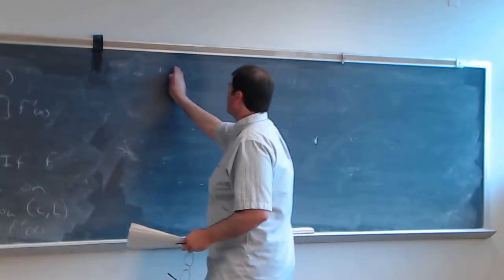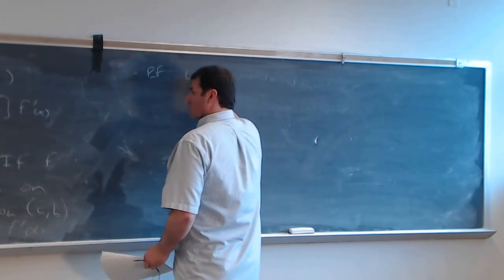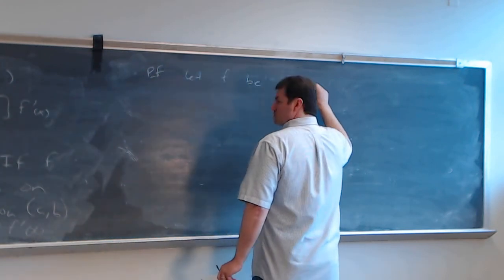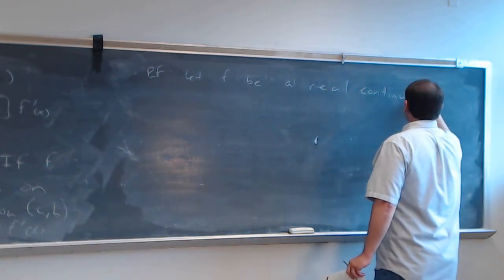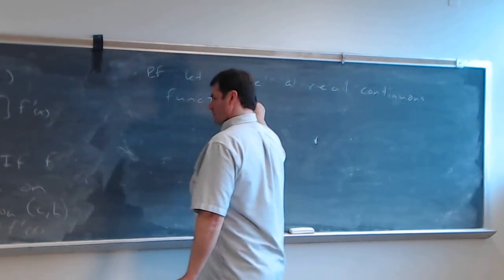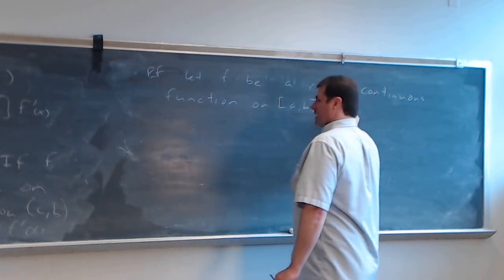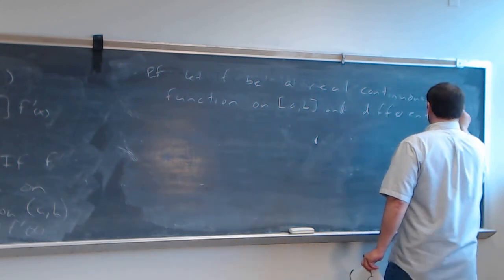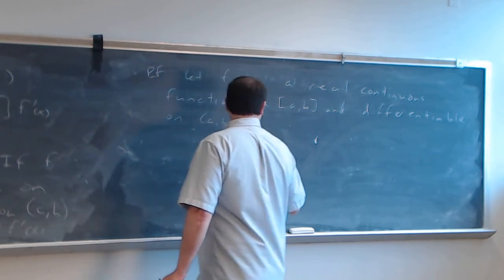Okay, let's look at the proof of that. So we'll let f be a real continuous function on A to B and differentiable on the open interval from A to B. Okay.